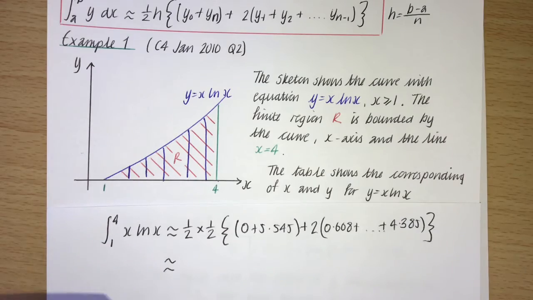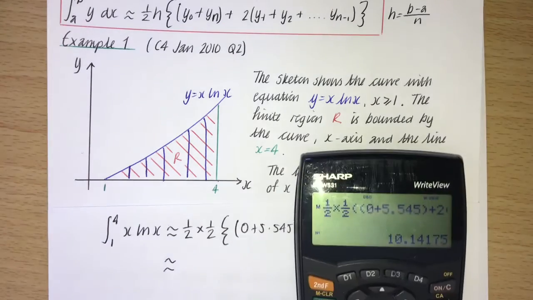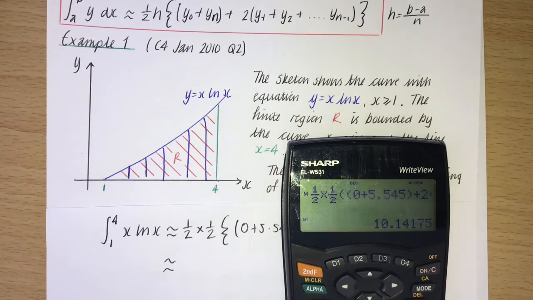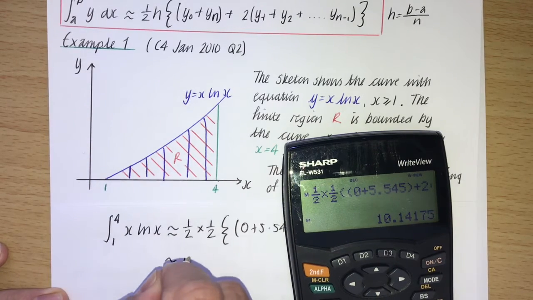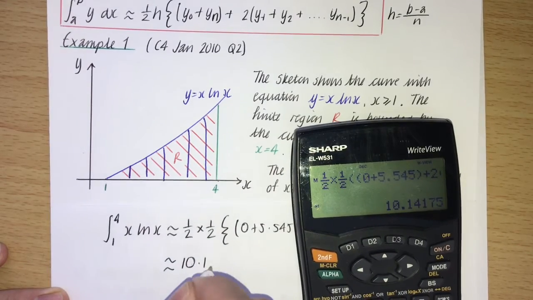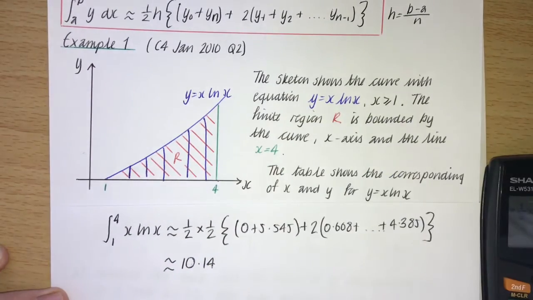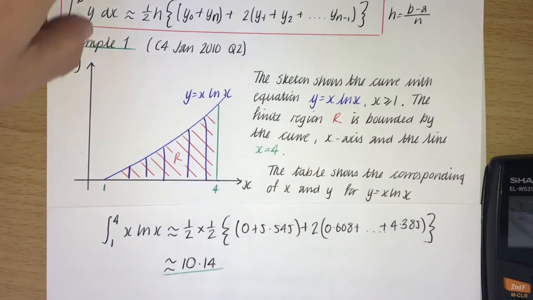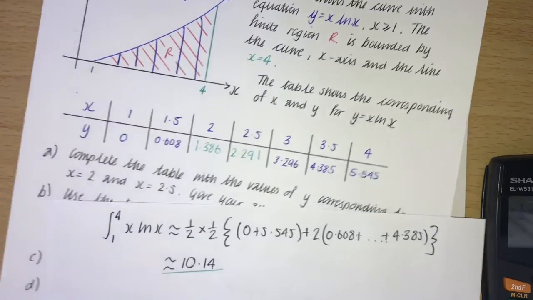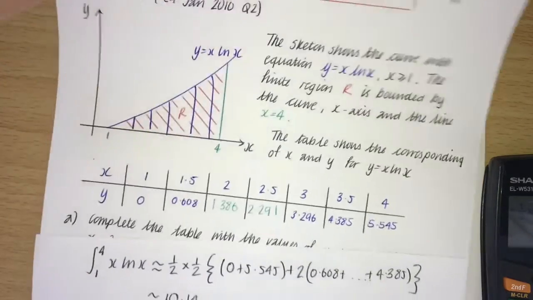So I have typed all that into my calculator and I got the answer 10.14175. So it said 2 decimal places, I think 10.14. That's the estimate for the area.